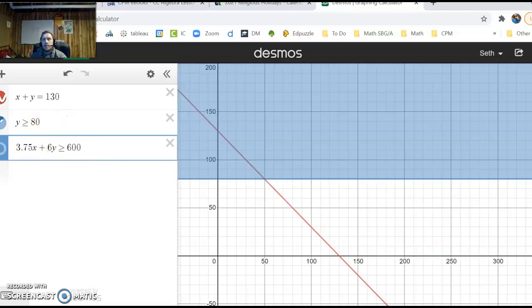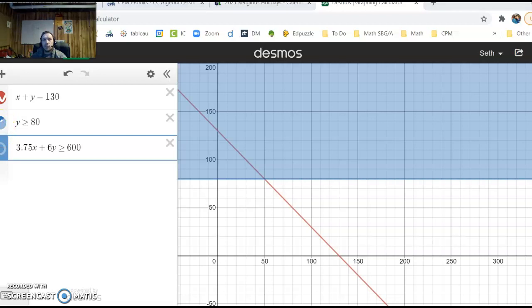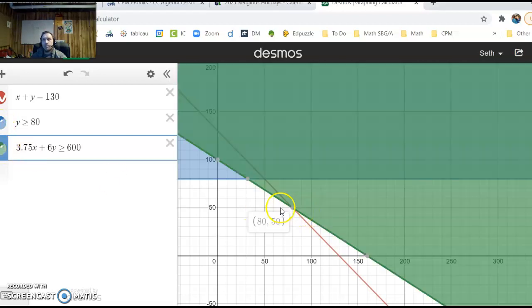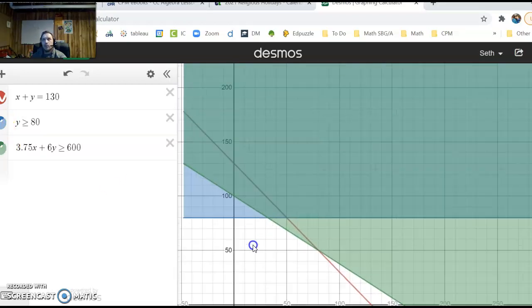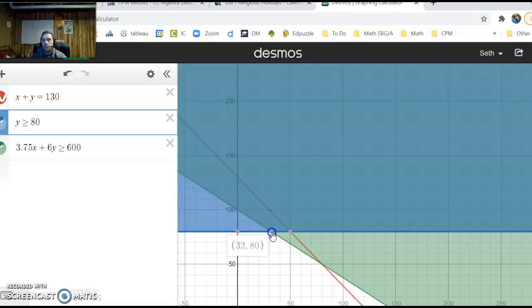And so you can see if you toggle each of these what they're going to end up giving us, and we look for those points that show up. So where I have this line here, 50 and 80, that was the point we plugged in. That one works. This point right here, 32 and 80, would work, except that we don't have enough food.